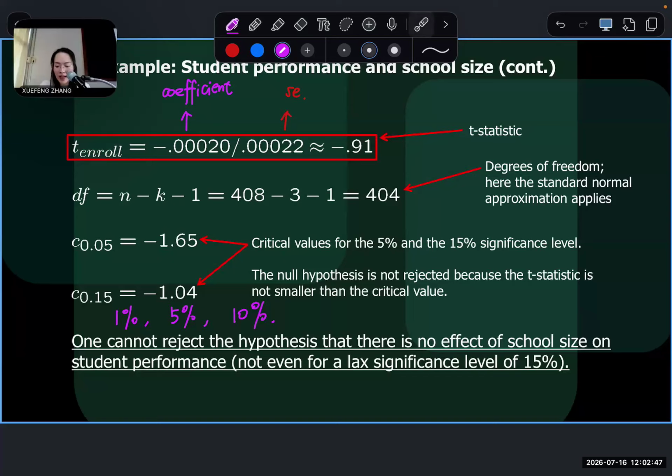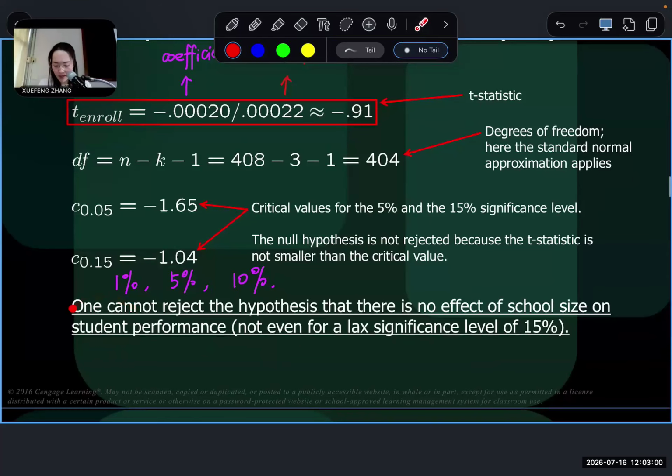Here I just give you some intuition that we even cannot reject H0 at the 15% significance level. So here, one cannot reject the hypothesis that there is no effect of school size on student performance, not even at a lax significance level of 15%.